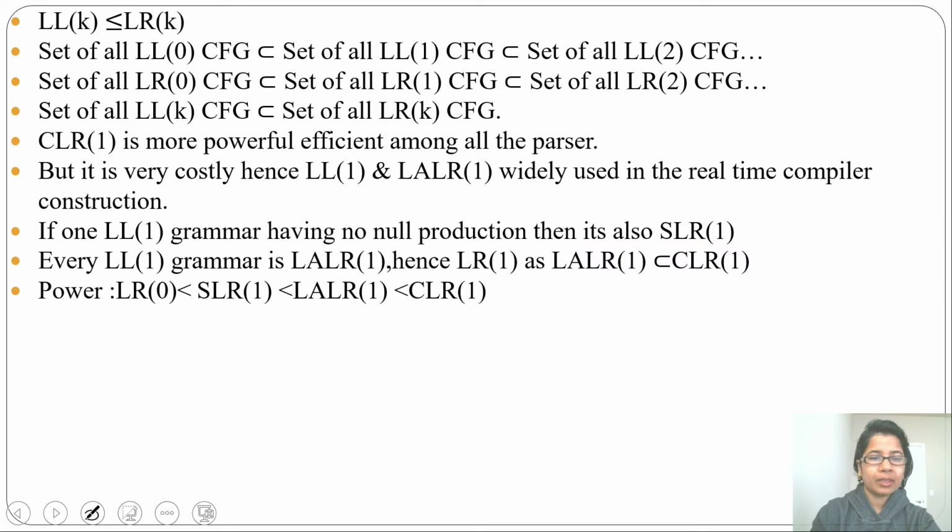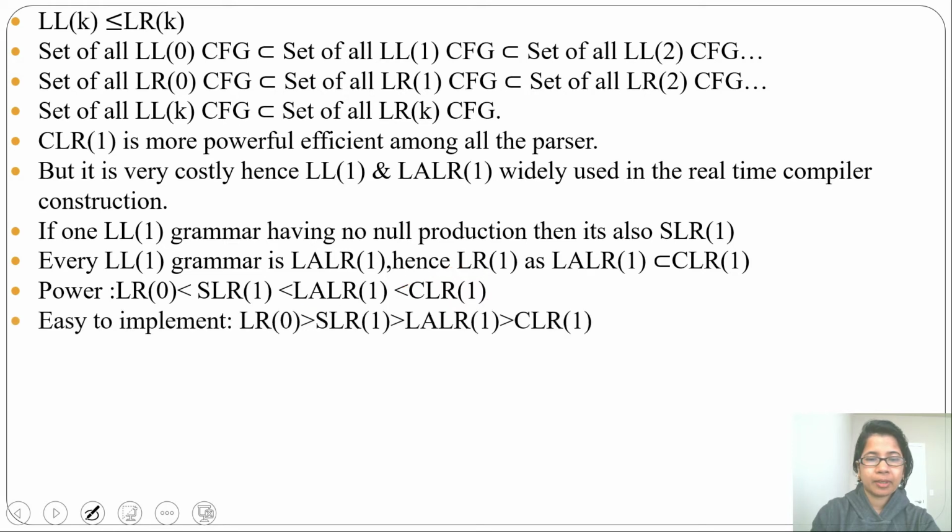According to power, LR0 has less power than SLR1, SLR1 has less power than LALR1 and LALR1 has less power than CLR1. So the most powerful is CLR1. But it is too costly. Next, easy to implement.